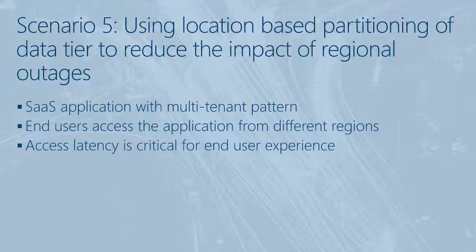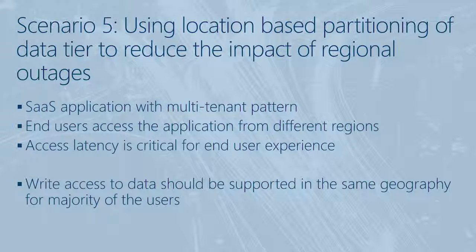In that case, what you do is you provision the tenant databases according to the location of the end user. And those databases are naturally distributed across different geographies. So the idea here is we guarantee that write access is supported in the same geography for the majority of the users. How is this done?